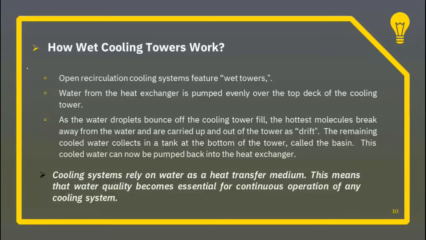It cascades down and is broken into tiny droplets as it passes through a series of splash plates called cooling tower fill. This fill can be corrugated plastic sheets, wooden slats, or other devices that increase surface area, thereby enhancing evaporation.